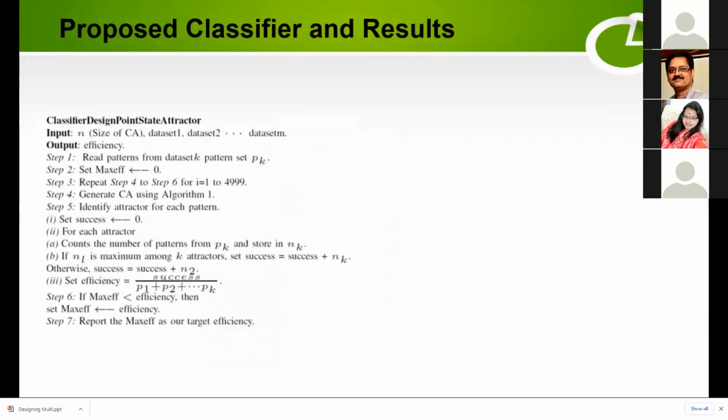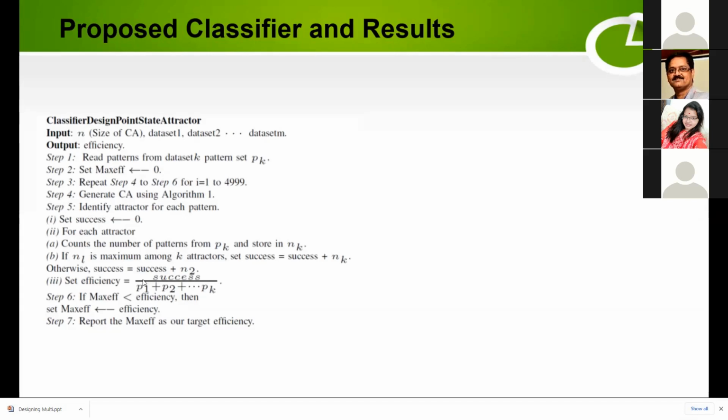Now, using this basic concept, we'll first train our data using the training set, and here we will generate n number of CAs, or multiple CAs, which will provide us the highest accuracy.